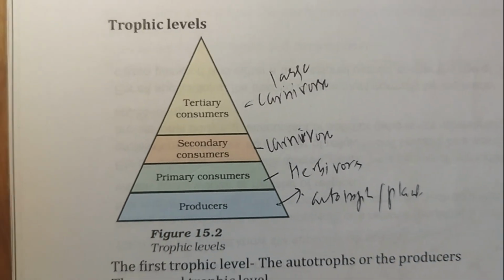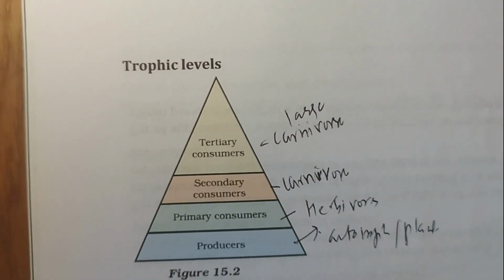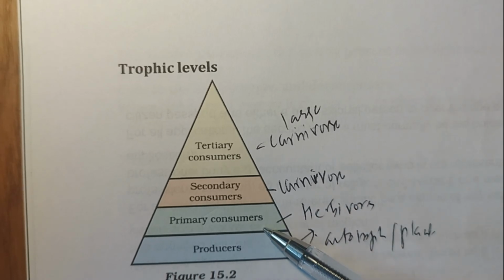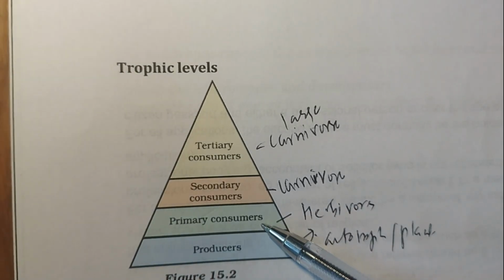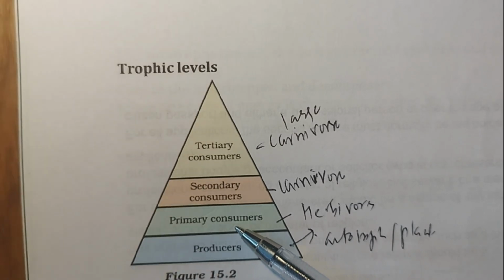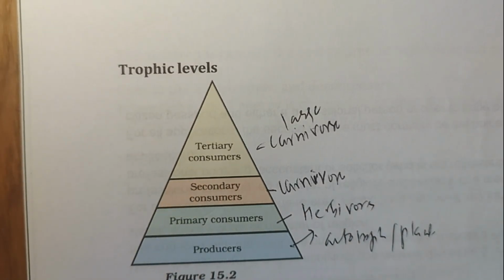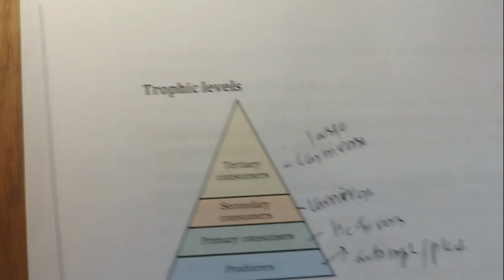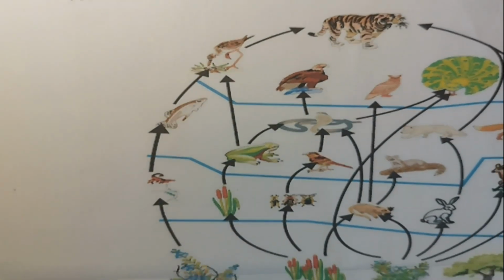The length and the complexity of food chains vary greatly. Each organism is generally eaten by 2 or more other kinds of organisms, which in turn are eaten by several other organisms. So instead of a straight line, we actually have a food chain that looks like this.